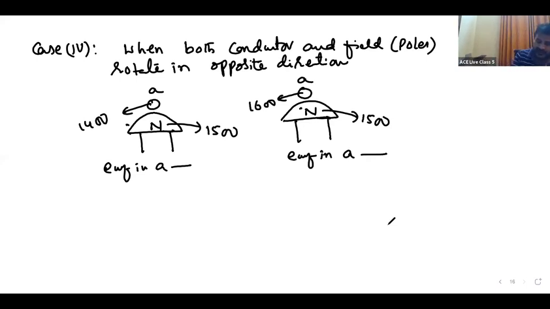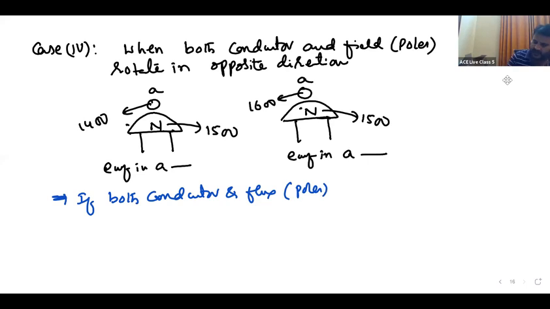So the thing is, if both the conductor and flux or pole are rotating in opposite directions, no assumption is required.